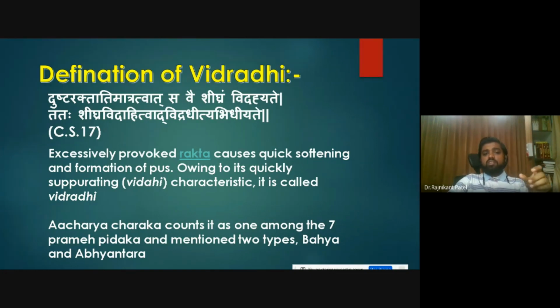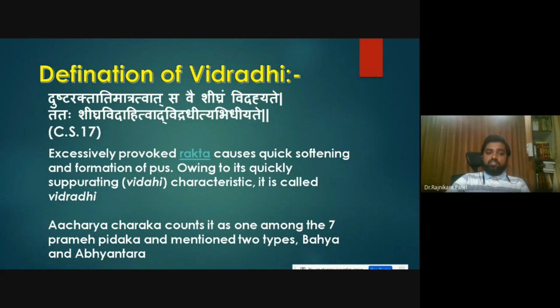Vidradi means Vidahi. There is too much burning sensation in that part, and pus formation due to the vitiation of Rakta Dhatu. It is of a quickly suppurating nature, like pus forming, so it is called Vidahi, with burning sensation. So the name of this disease is given as Vidradi.